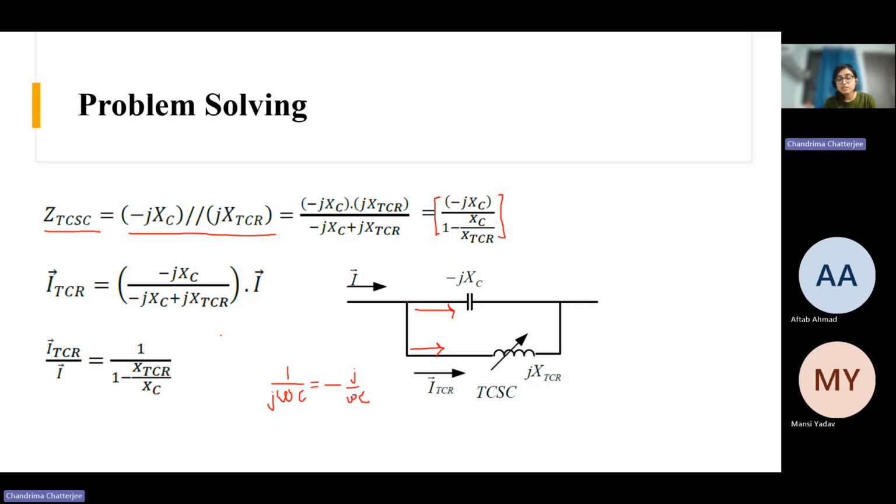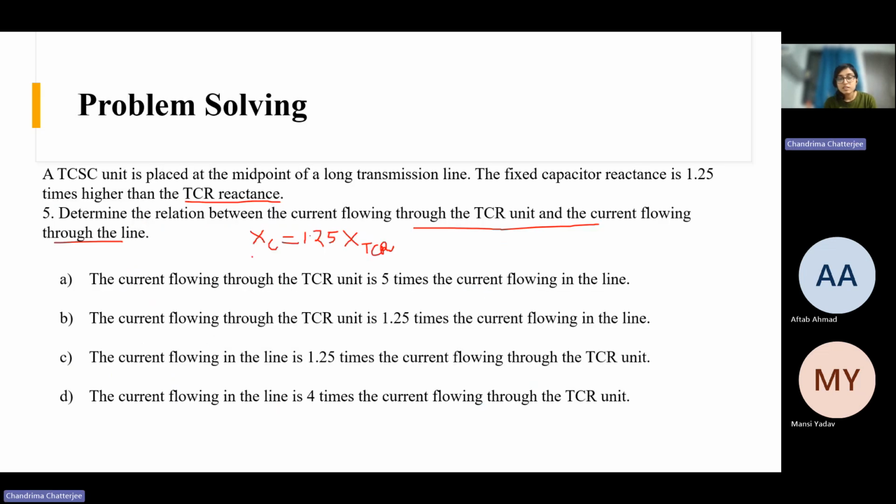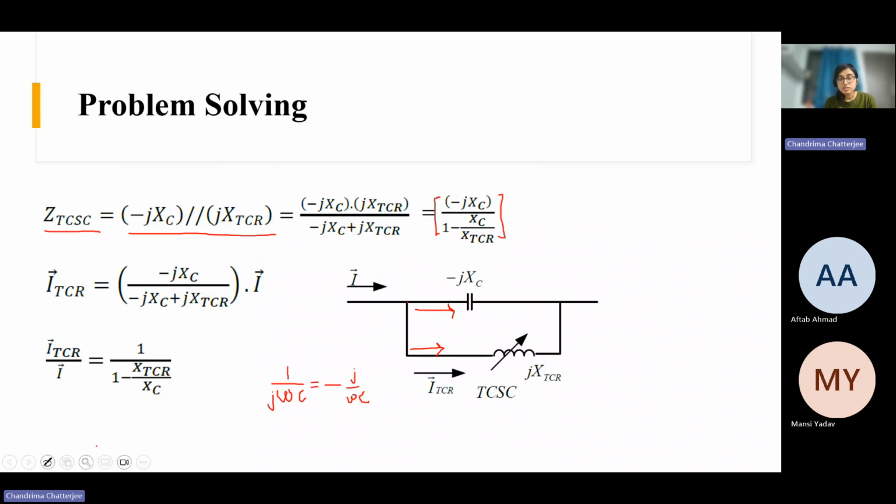In the question, it was given that XC is equal to 1.25 XTCR. So the capacitive reactance is higher than the TCR reactance. So just calculate it. You will find the relation between the TCR current and the line current.